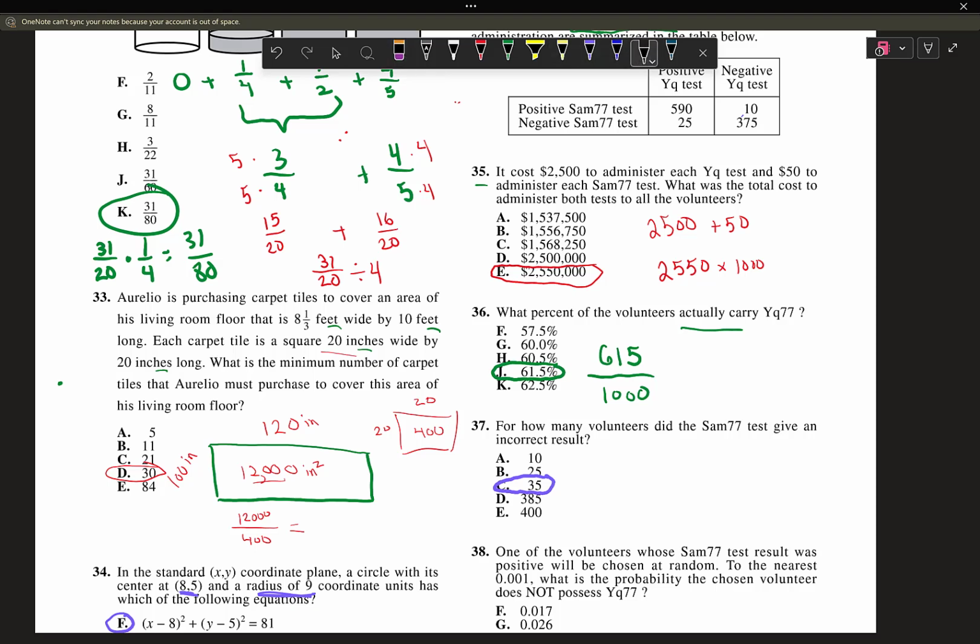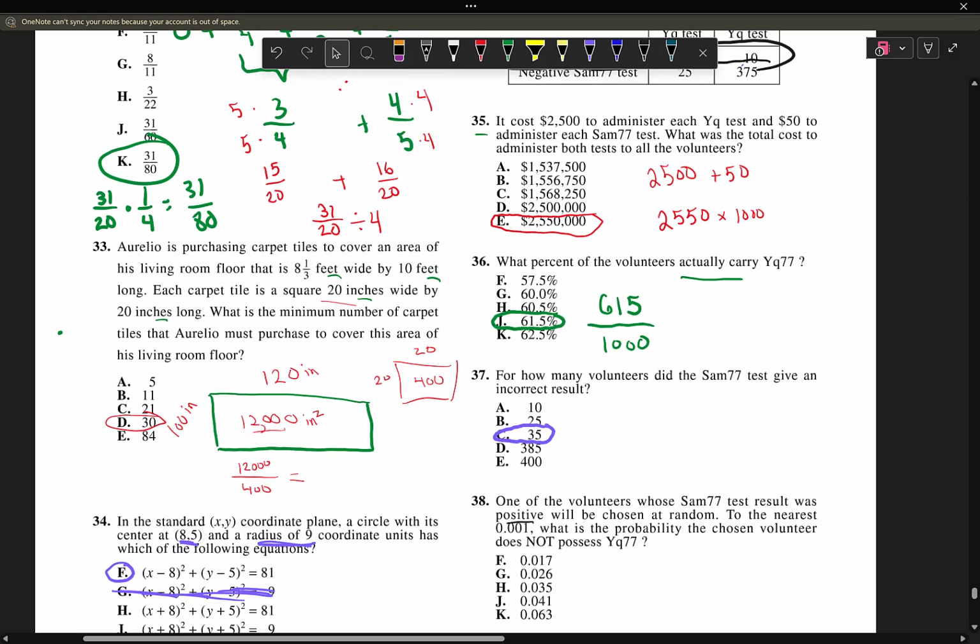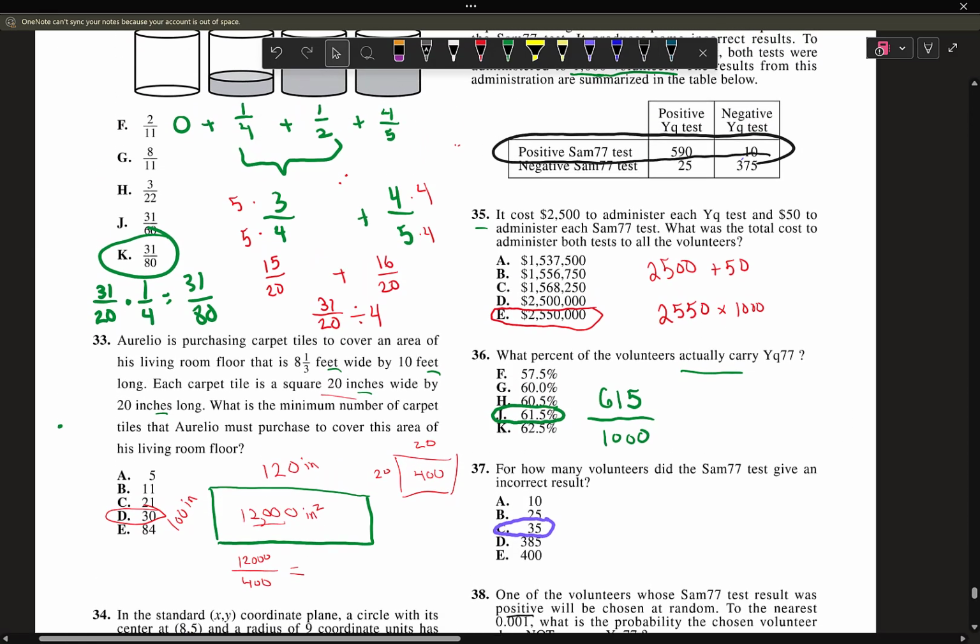So one of the volunteers whose SAM-77 test result was positive. That means we're focused on this row right here. And right off the bat, I see that's 600 participants. We're talking about probability, so 600 is our denominator. What is the probability the chosen volunteer does not possess YQ77?